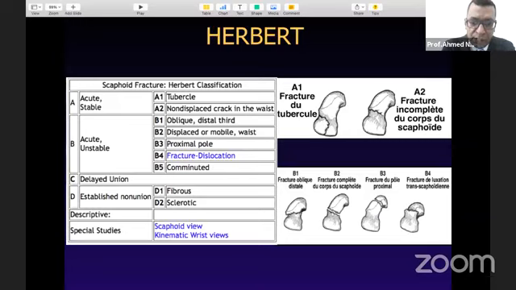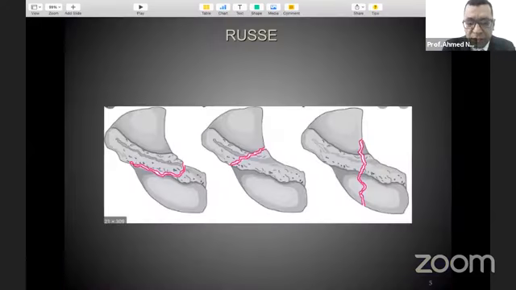There are other classifications. I think the Russe classification is according to the orientation of the fracture, whether it is transverse, horizontal oblique or vertical oblique, according to the line of the fracture. And there is maybe the Slade classification, based on the arthroscopic picture of the scaphoid.